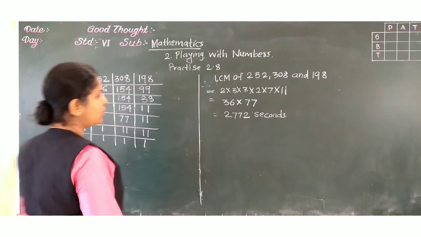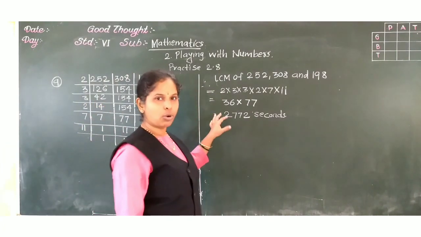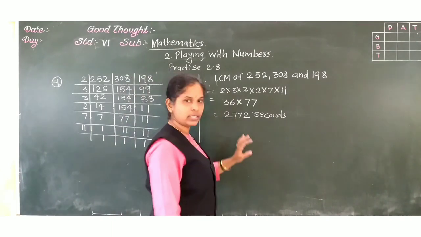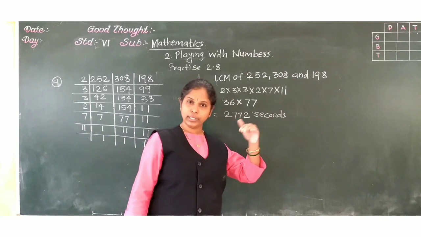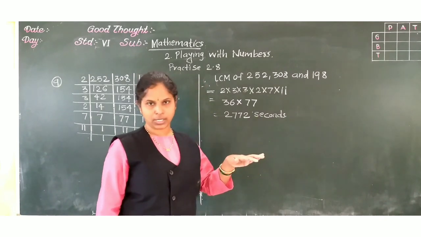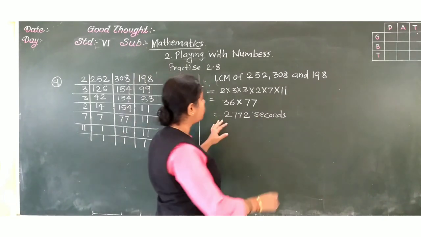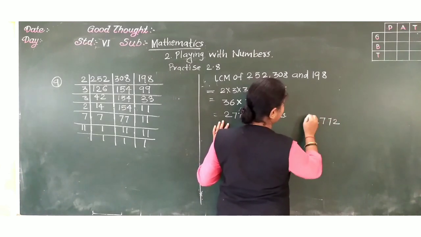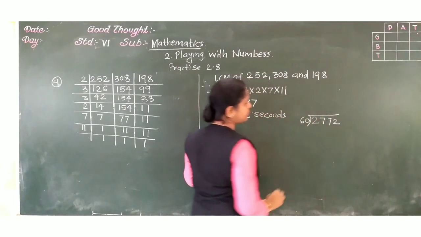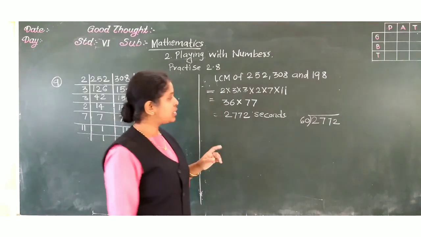Okay. I will show you students how to convert seconds into minutes. Now while converting minutes into seconds, we are multiplying by 60, correct? But here what we have to do? We have to divide it by 60. Okay, 6.